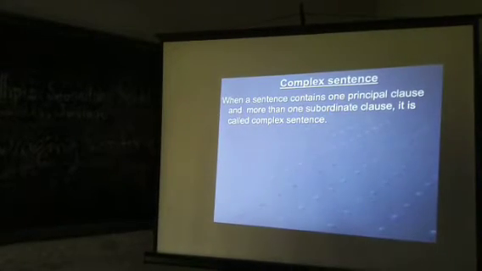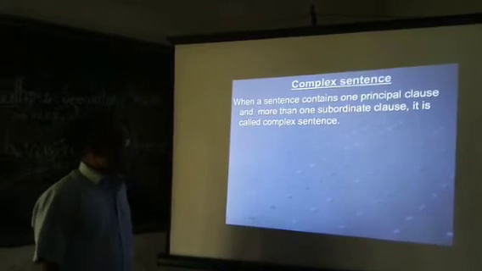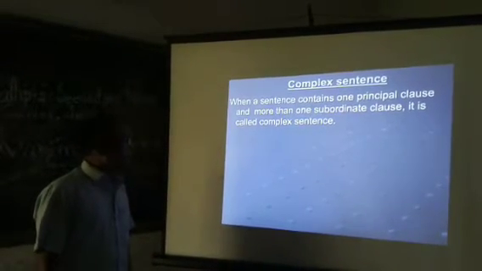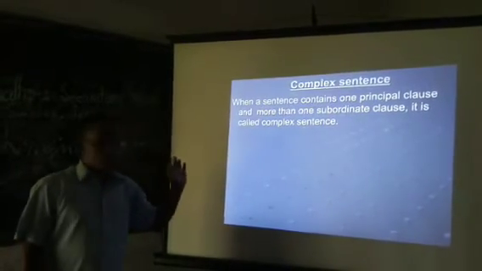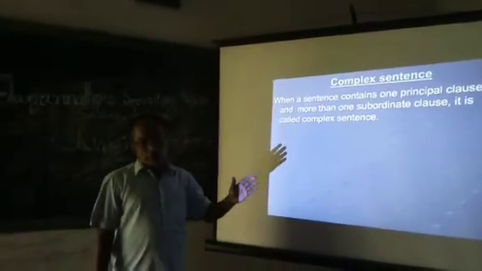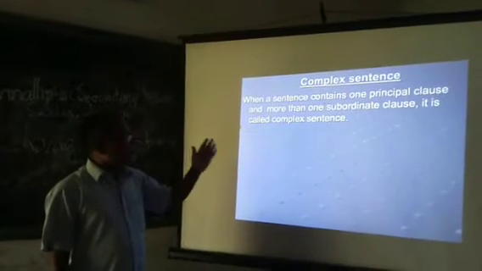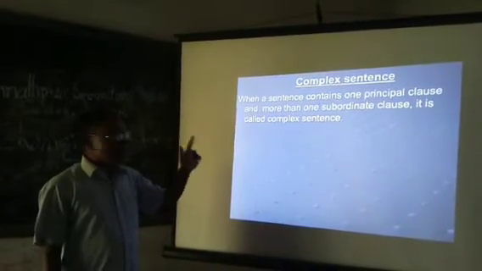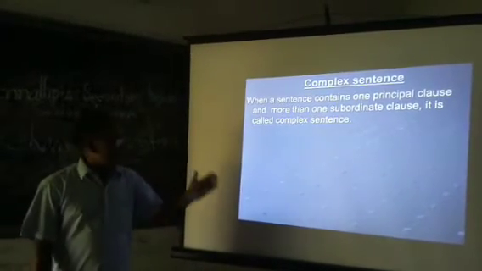Now we know about the complex sentence. When a sentence contains one principal clause and more than one subordinate clause, it is called a complex sentence. More subordinate means two or three subordinate clauses.